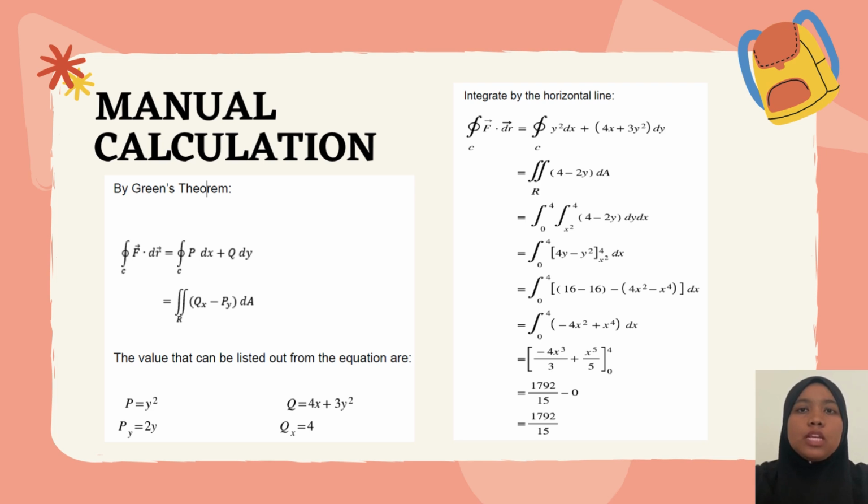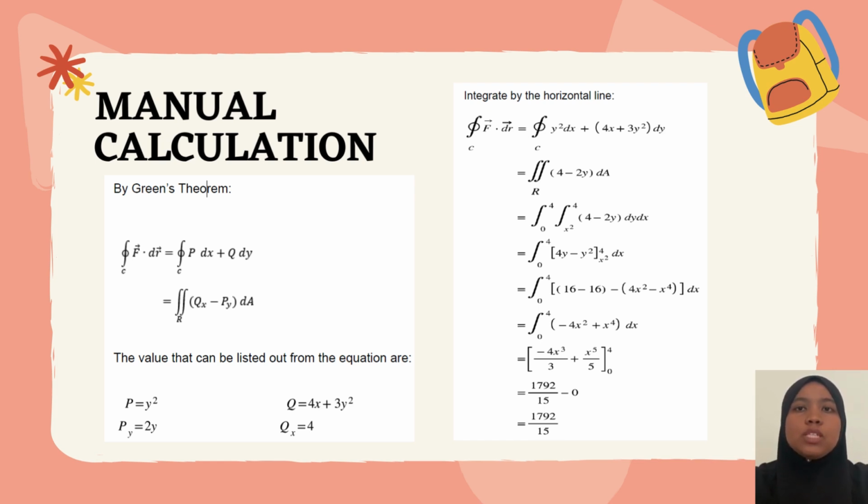After that, we can choose to set up the double integral in terms of dy dx or dx dy. For this question, we set up the double integral as dy dx, where the limit for y is from x squared to 4, while the limit for x is from 0 to 4. Then we integrate 4 minus 2y dy, and we get 4y minus y squared dx.